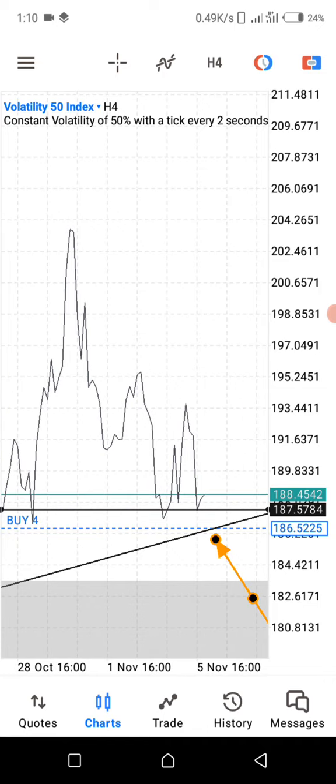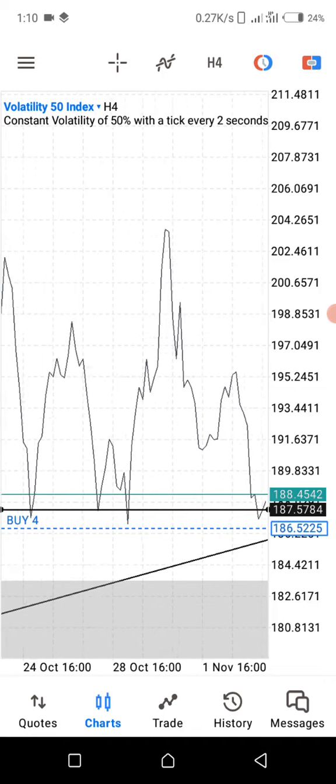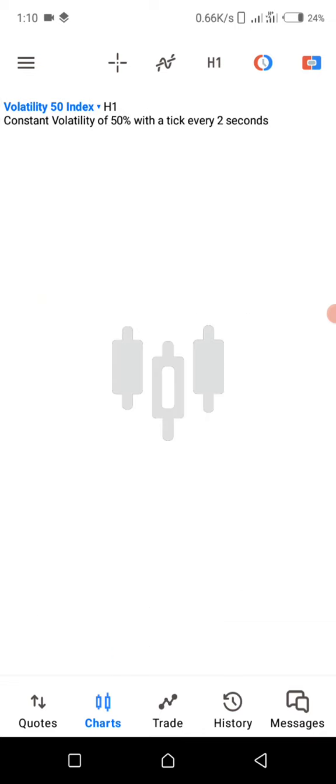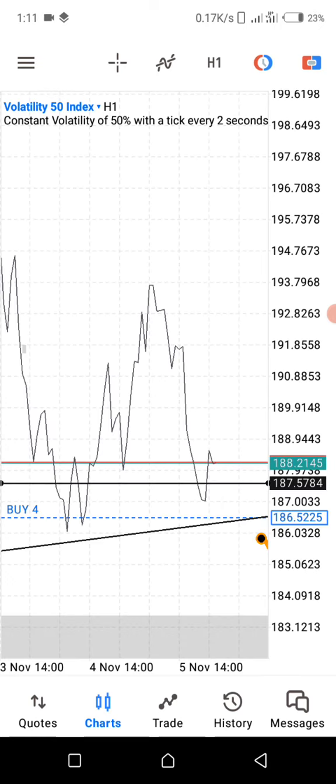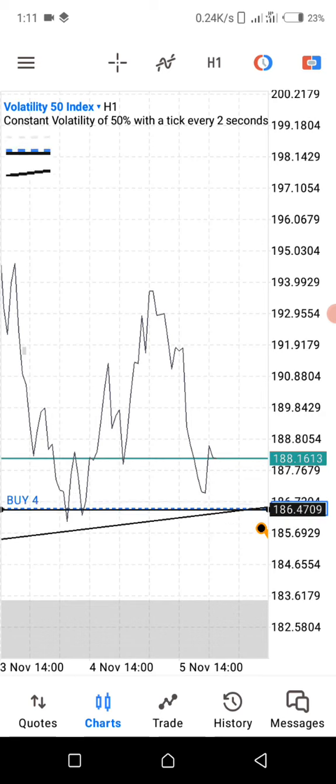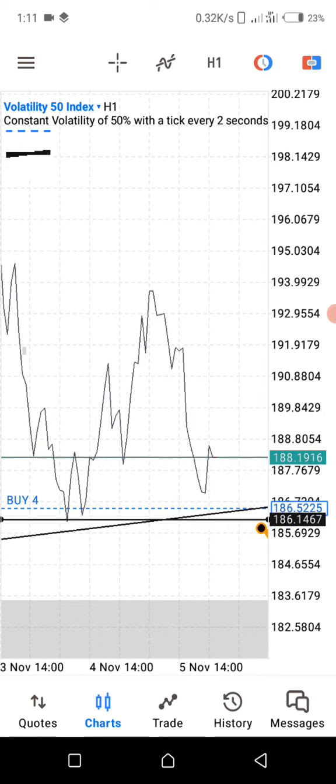So immediately, or was it on the, I think it was on the 1 hour time frame. Let's check. Yeah, it's from the 1 hour time frame. So now I will bring down the line. Hope you are seeing the line that I'm moving. So this is where the line was.